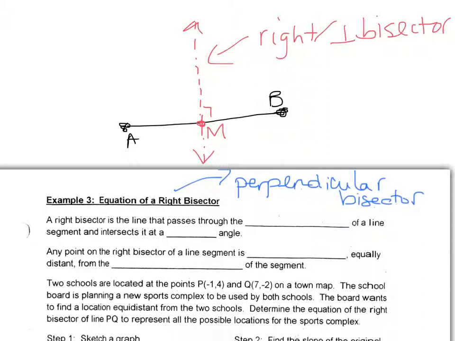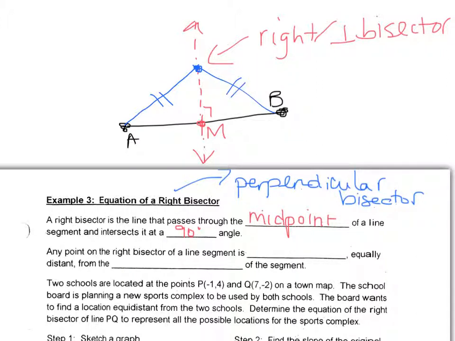So in our note here it says it's the line that passes through the midpoint of the line segment and intersects it at a right or a 90-degree angle. Something that's special about this type of line, about a right bisector, is that any point along that line, so whether I'm sitting up here or down here, will be the same distance from the endpoints A and B. So if I were to throw a little point up there, because it's on the right bisector, this distance here will be the same as this distance over there.